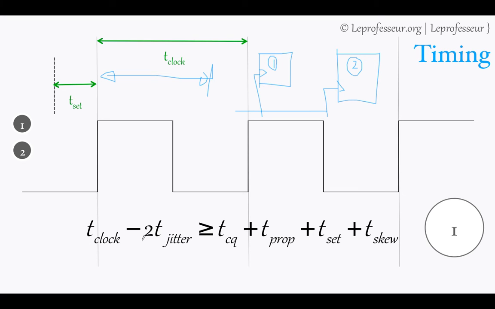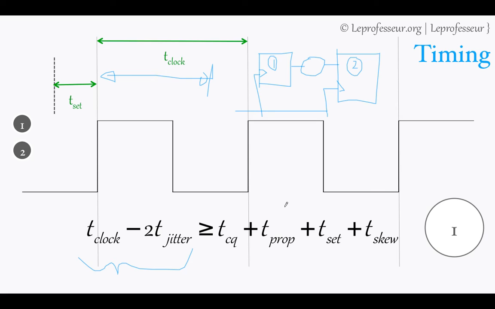So T clock minus twice the jitter is your available time for the computation. It should be greater than or equal to the clock to Q delay plus the propagation delay, the delay for your logic to propagate from the Q pin of the first flop to the D pin of the next flop, plus the setup time, plus the skew.